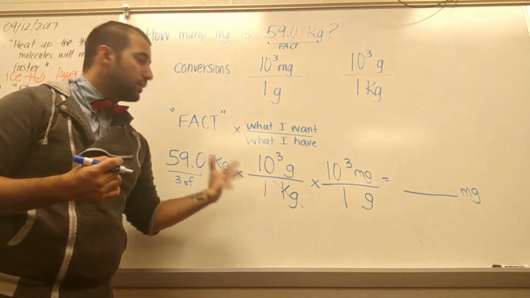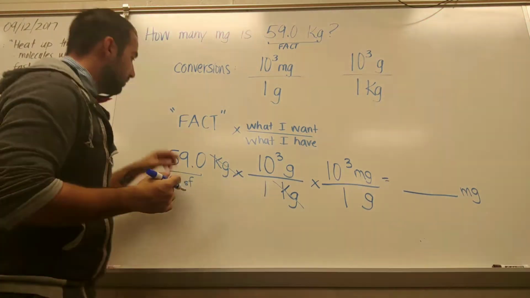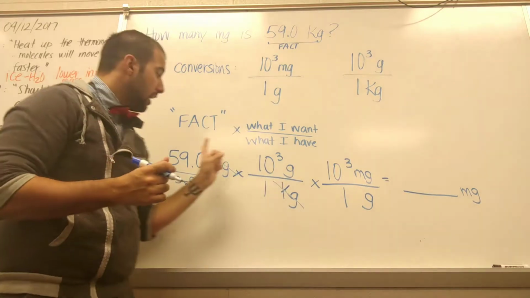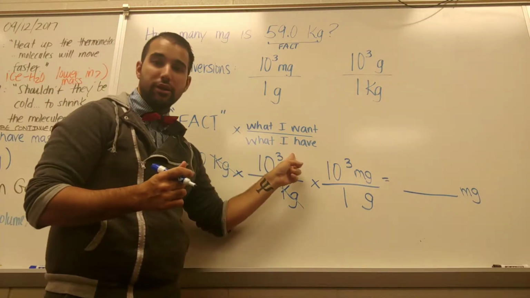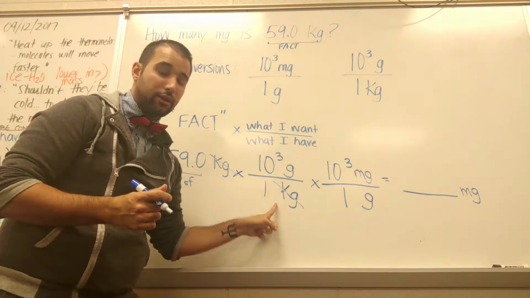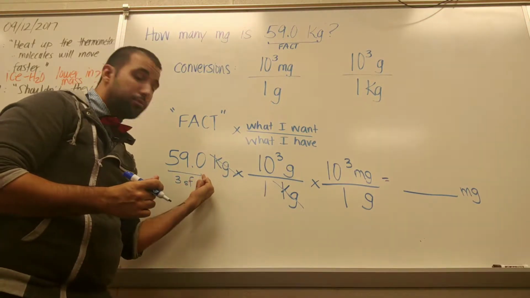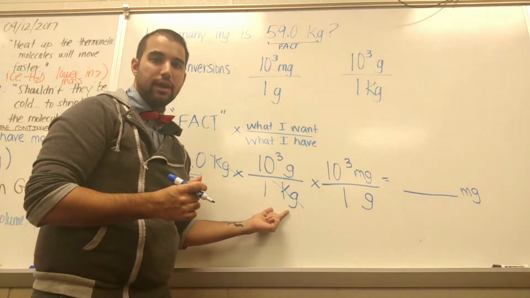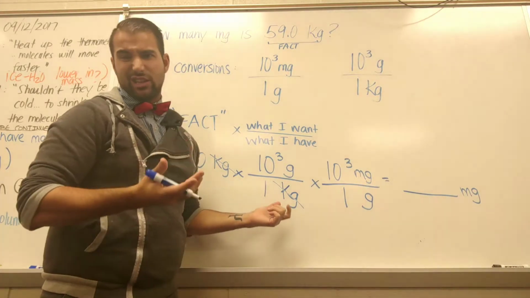And if I go and do this math on a calculator, remember, if I multiply a number times a fraction, I multiply the numerator and divide by the denominator. So I'm going to do 59.0 times 10 to the third divided by 1. And it's nice that divided by 1, I just get the same thing.